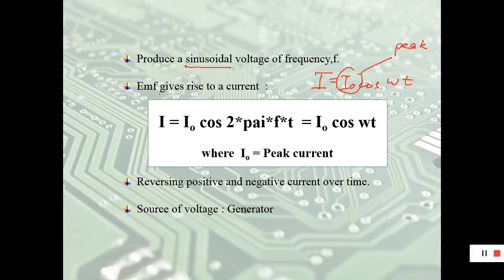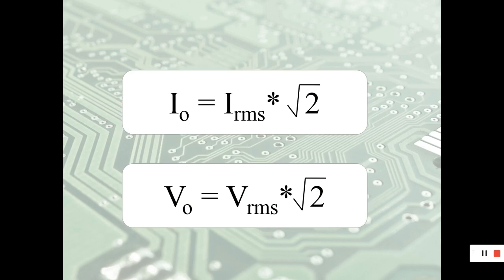And for the source of voltage, for example, we have a generator here. This is the I peak, and this is the V peak. If you want to find the I maximum, the formula is I peak equals I RMS times root 2.